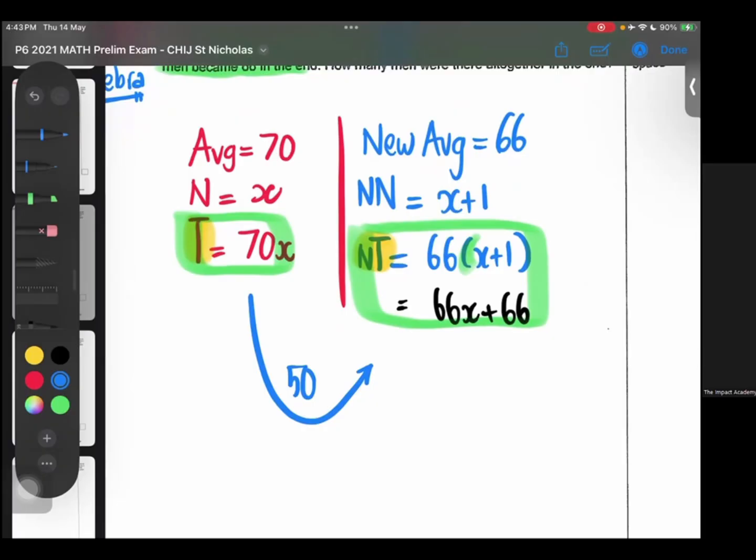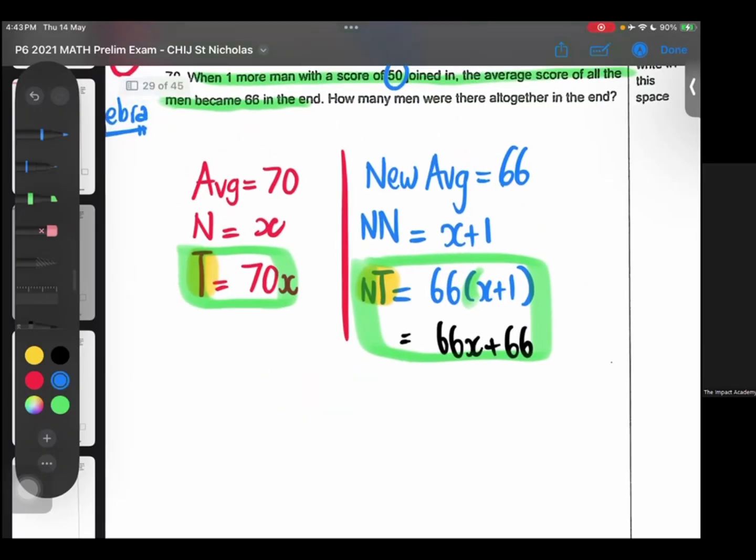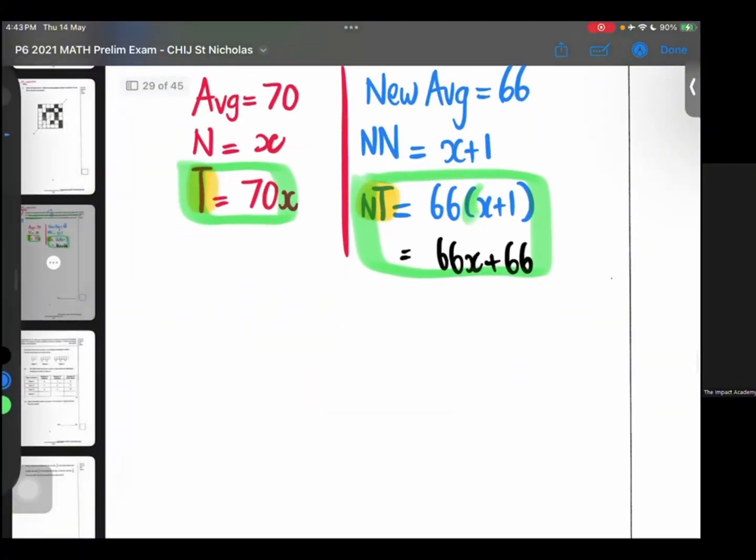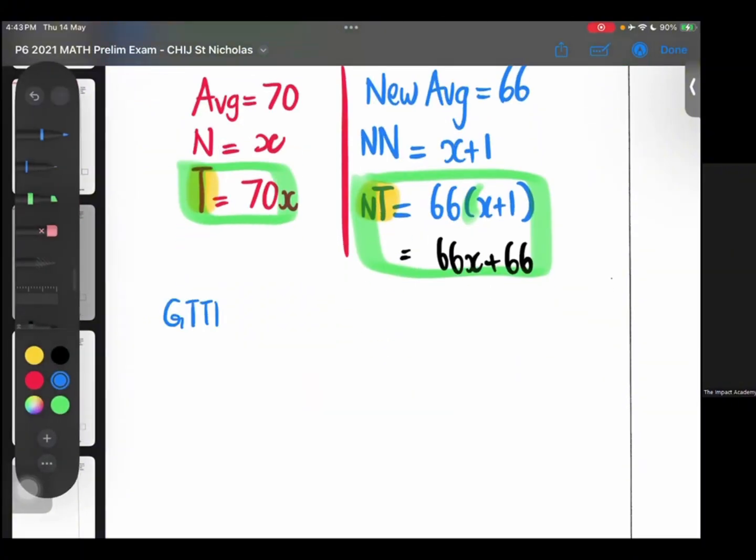Agree or disagree? Of course, the new total will be more, because now I added another person, another score. So what I'm going to do is something called good to the pool. Good to the pool basically means give to the poor. Who in this situation is lesser? 70x plus, very good, 50. 70x plus 50 equals 66x plus 66.